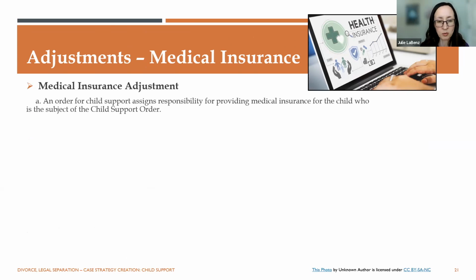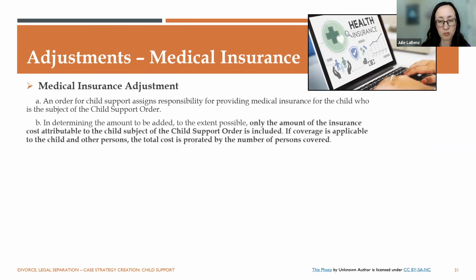An order for child support assigns responsibility for providing medical insurance for the child who is subject of the child support order. So one parent will be ordered to provide medical insurance for the child. In determining the amount to be added, to the extent possible, only the amount of the insurance cost attributable to the child subject to this child support order is included.